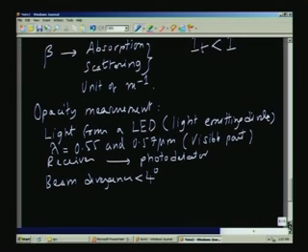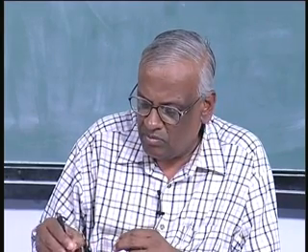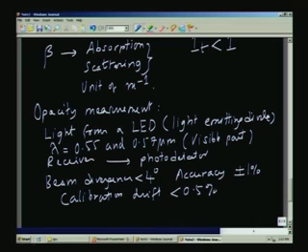Actually, beam divergence is less than about 4 or 5 degrees, and the accuracy of the opacity measurement is plus or minus 1%, and the calibration drift is less than about 0.5%.